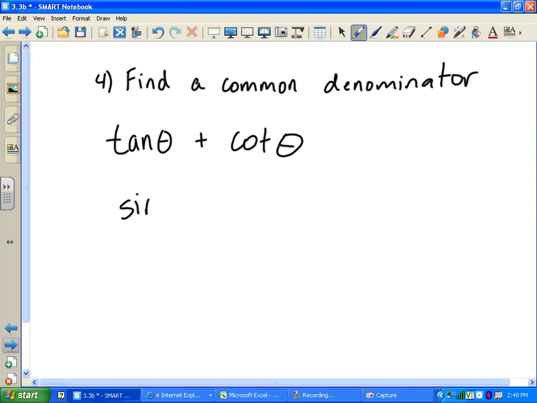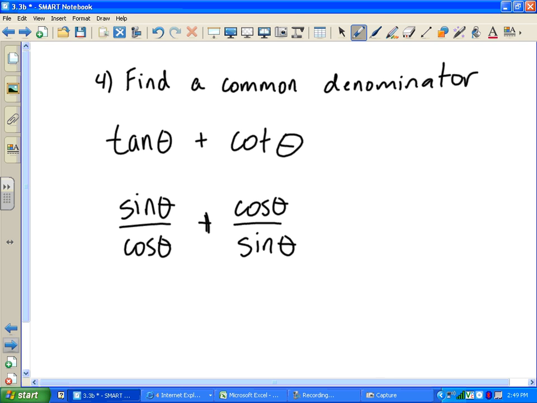So we'd write sine theta over cosine theta because that's tangent, and then cotangent is cosine of theta over sine of theta. Now, don't get all cancel happy and go to canceling. We can't do that. That's addition there, not multiplication.